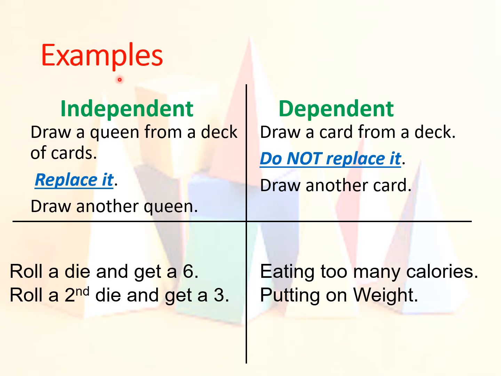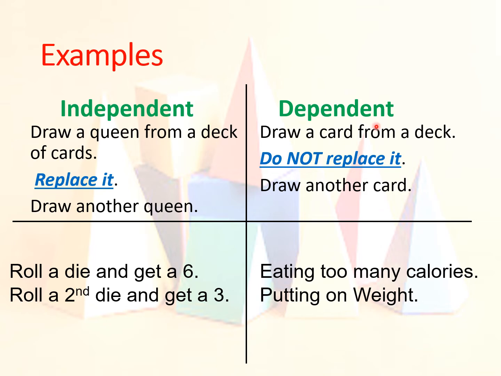So let us have some examples. Under independent events, we have draw a queen from a deck of cards, replace it, draw another queen, and then another one; roll a die and get a 6, and roll a second die and get a 3. It does not affect each other.